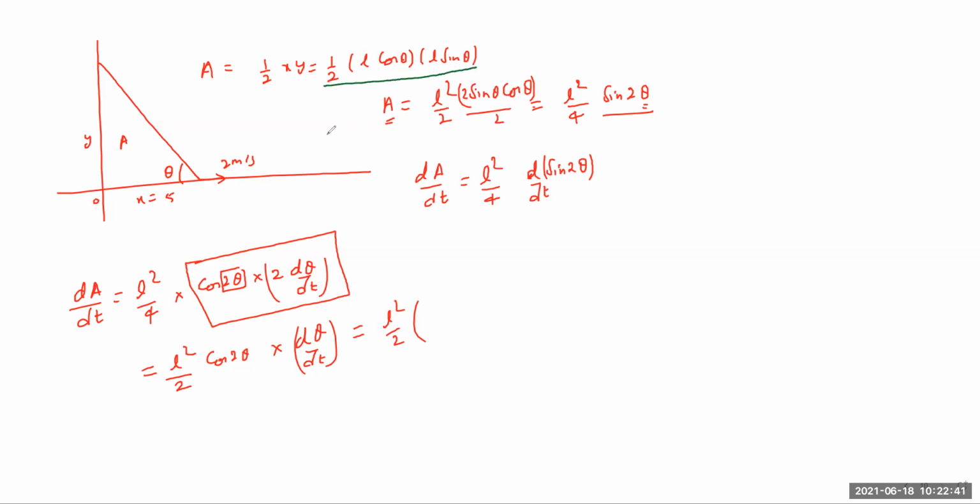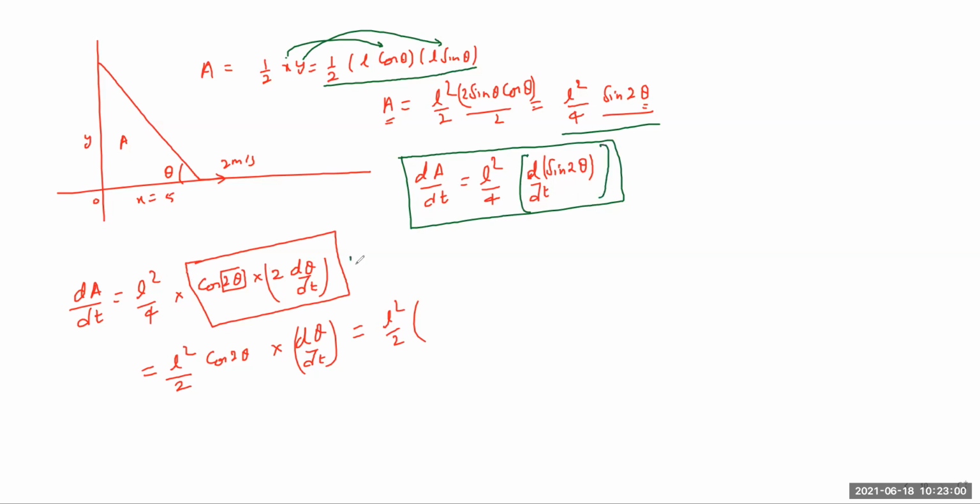Yes, sir. So I can replace x by this value, right? Yes. And this will become this formula eventually, and then you differentiate. The differentiation of this will give you this much answer.